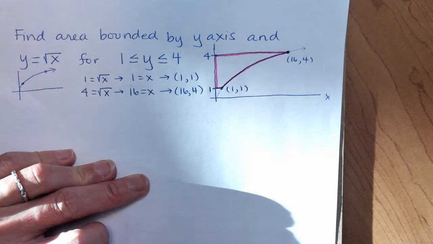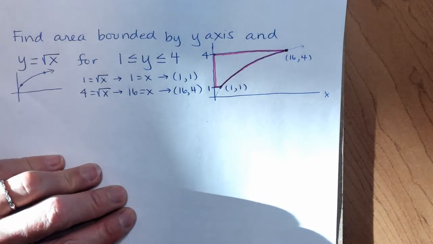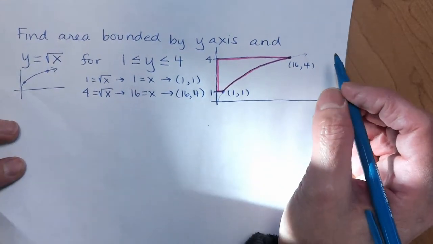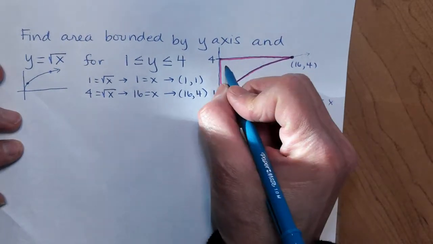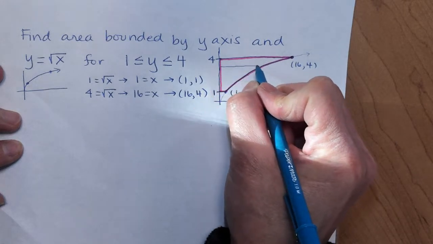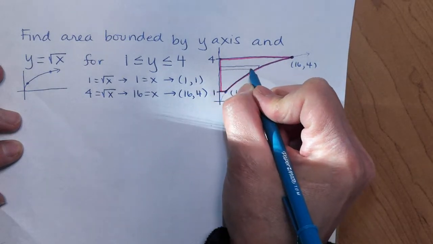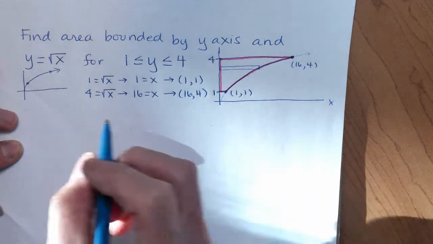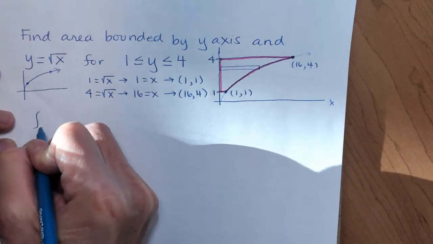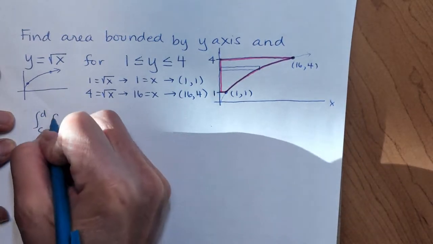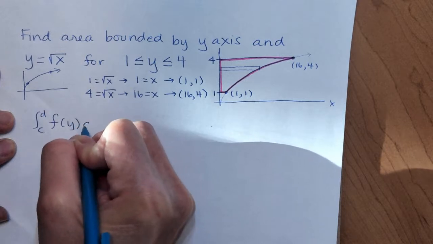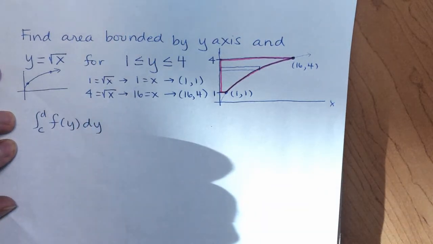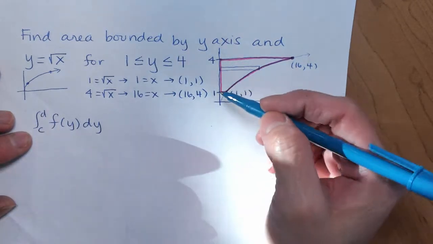Remember, when we're finding area bounded by the y-axis, our rectangles are going to look like this. So we're adding up the areas of rectangles. The general formula is the integral from c to d of f of y dy. Well, c and d are my y limits.